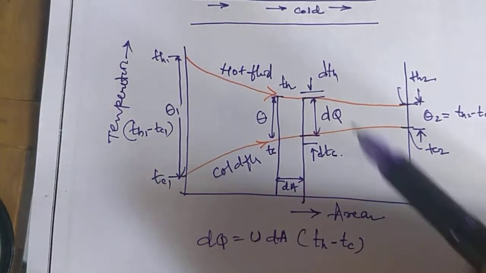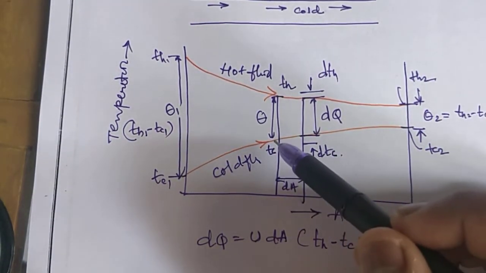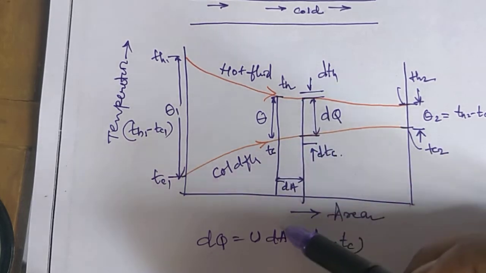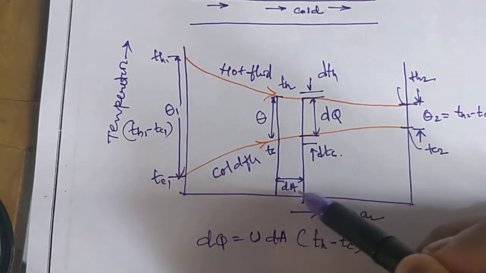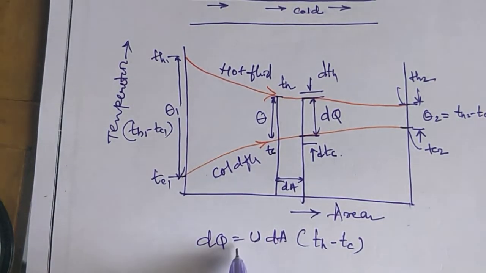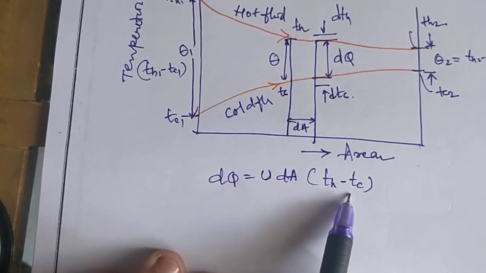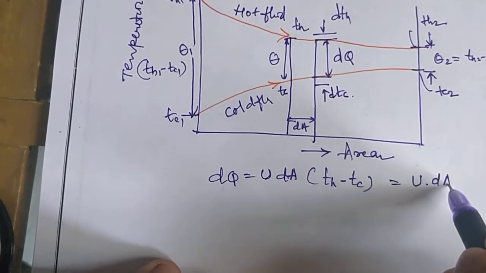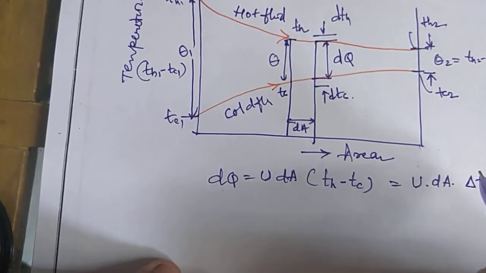We are considering a very small heat exchange within the elemental area dA. So within this dA, the heat exchange becomes dQ is equal to U dA into (TH minus TC), or we can also write U dA into delta T.